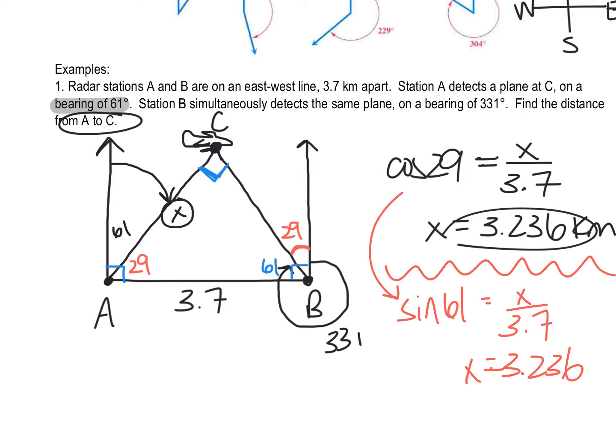This is cofunctions. Remember how cosine and sine are cofunctions, and they differ by, you subtract from 90 to find the other one, they're complements. So here's a real live picture of why cofunctions are the way they are. You can use this angle with cosine, or you can use this angle with sine. Okay? So that's the first one.